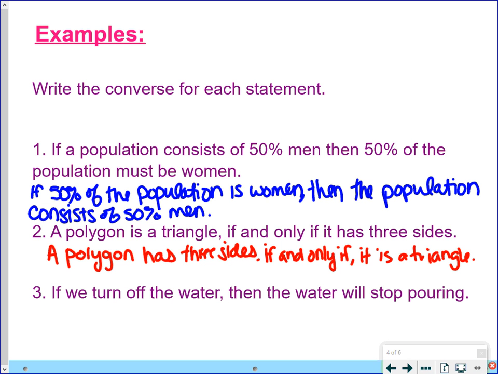All right, last one. If we turn off the water, then the water will stop pouring. We're going to turn these around. If the water stops pouring, then we turned off the water.